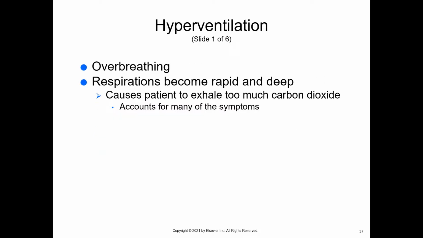Hyperventilation. Hyperventilation is overbreathing or breathing too quickly. For reference, the reference range for respirations is between 12 and 20 respirations per minute at rest for an adult. Respirations will become rapid and deep, causing the patient to exhale too much carbon dioxide.